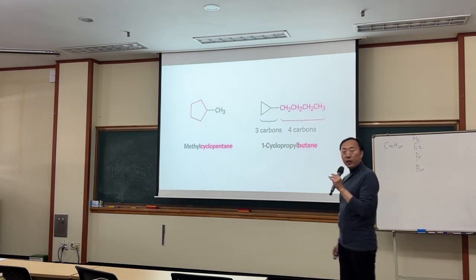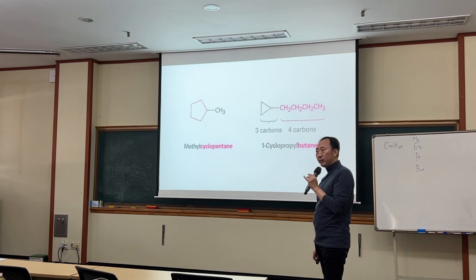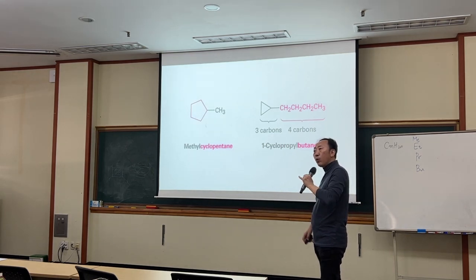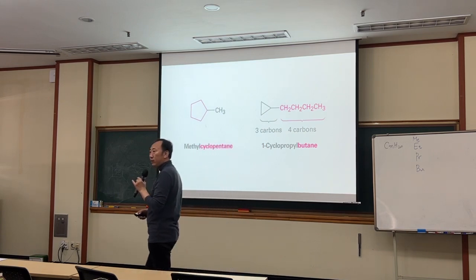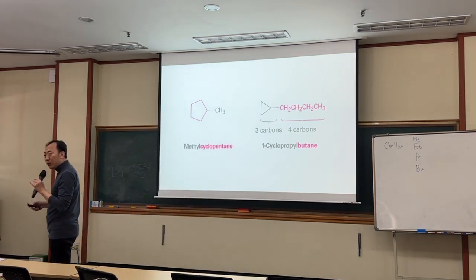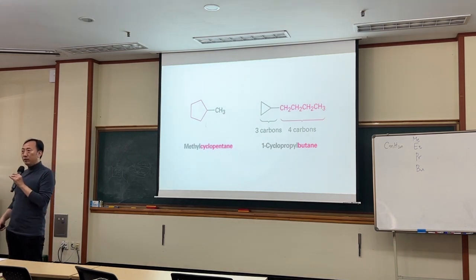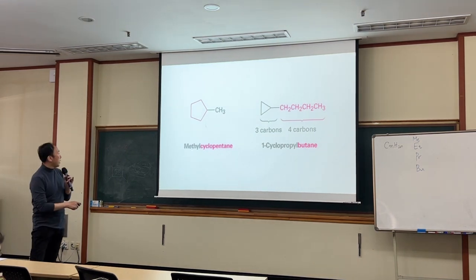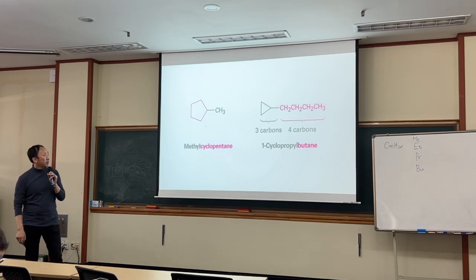Why don't you put here 1-methyl cyclopentane? If there is only one position, then 2, 3, so all has the same meaning, and you don't need to put. Then the simplest version we take. Okay, only one, then just methyl cyclopentane. Again, no space, just the whole word. Okay, up to here, simple.